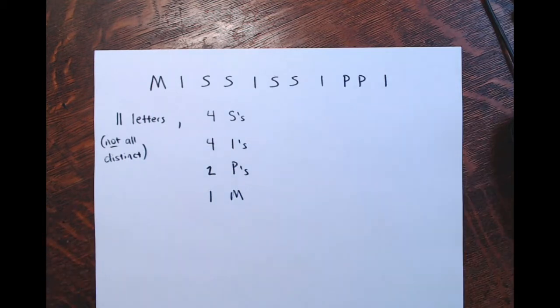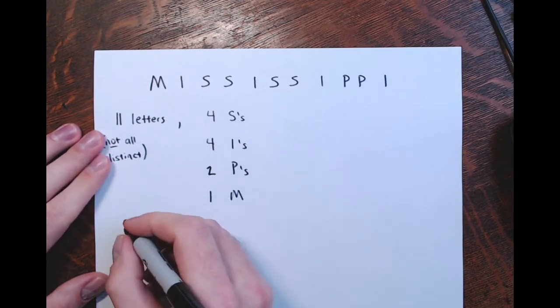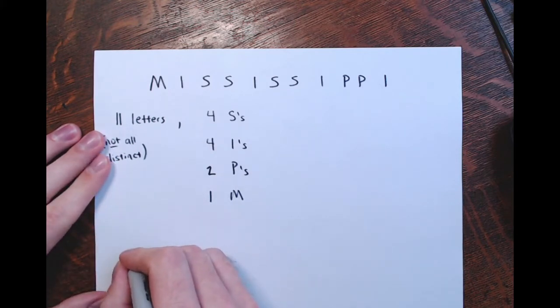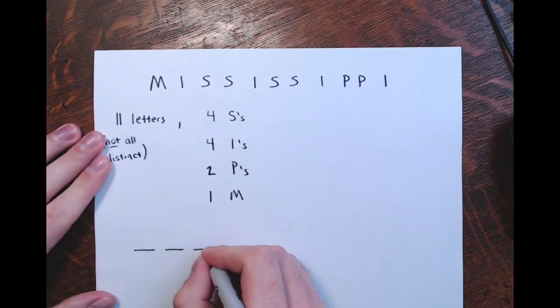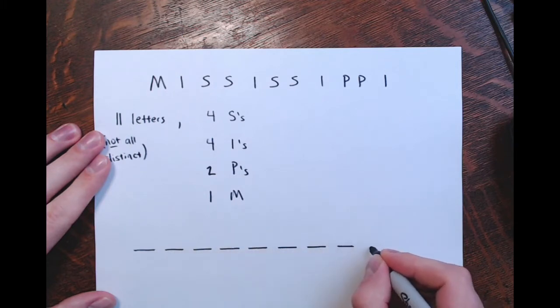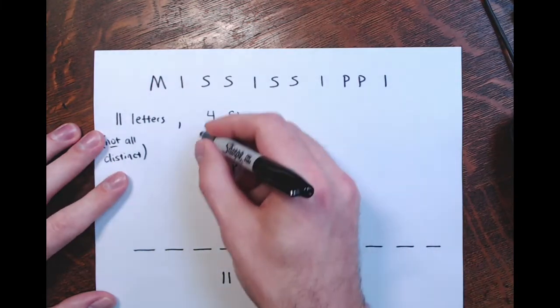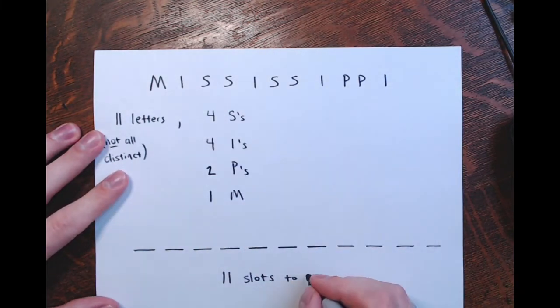Now, you can start by doing this. Let's think about it as filling 11 slots. So I have 11 slots to fill with these letters in this grouping, the letters of Mississippi.